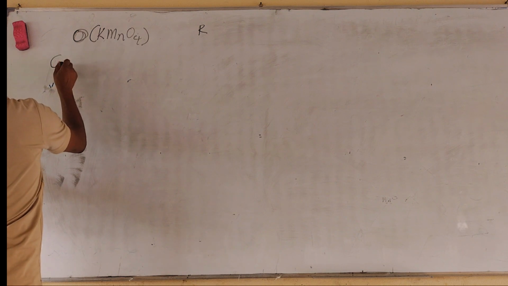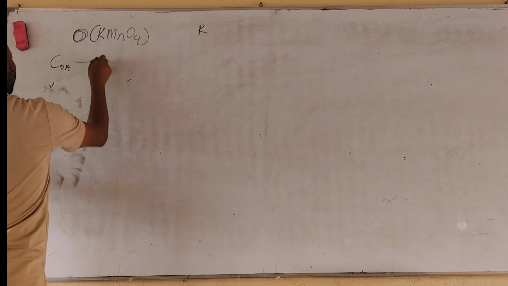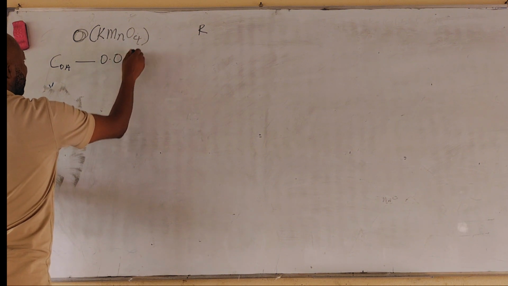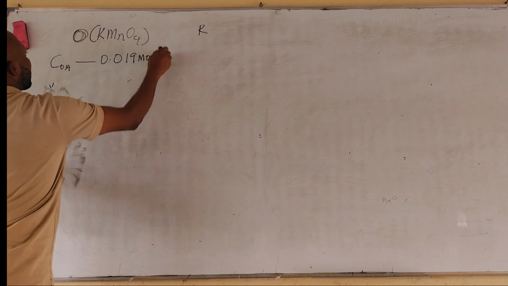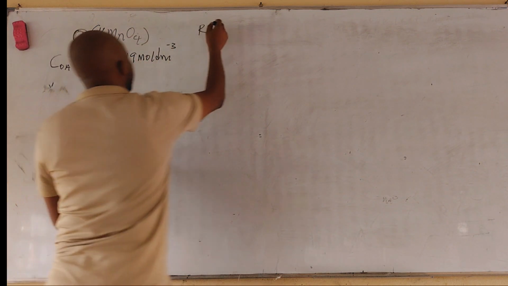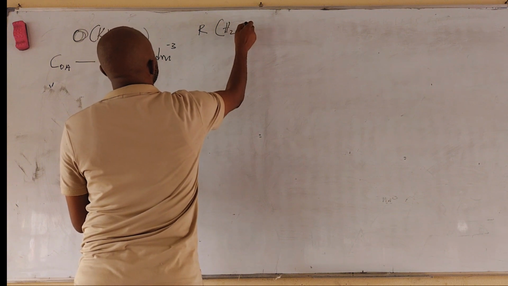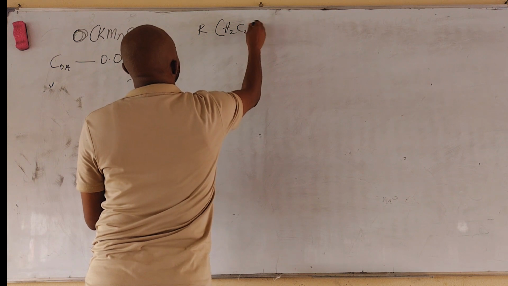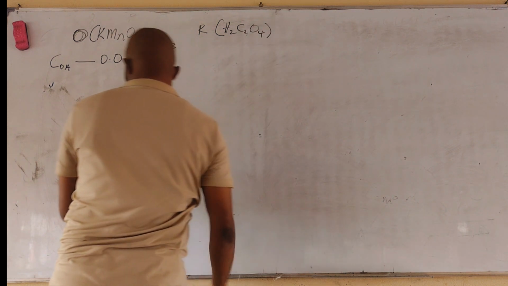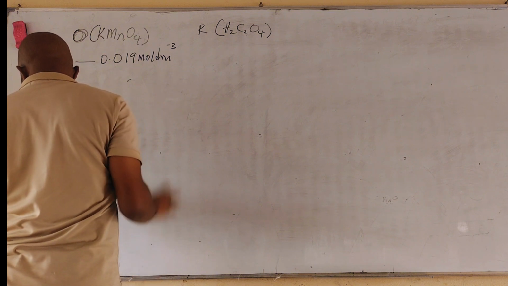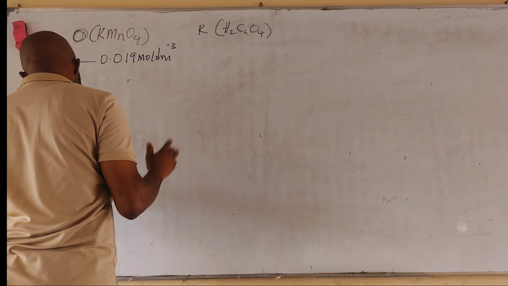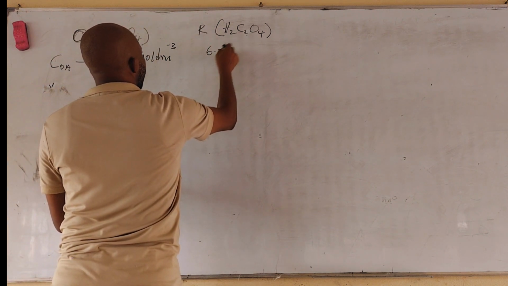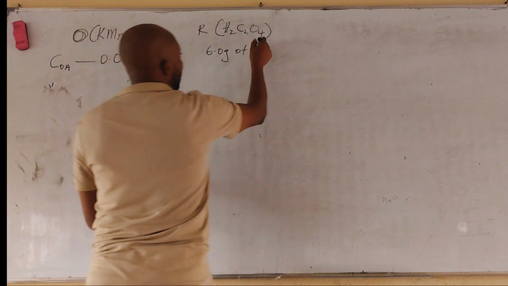The concentration of the oxidizing agent is given to be 0.019 mole per dm³. Our reducing agent here is ethanedioic acid, C2O4. It's ethanedioic acid. So we say 0.019 KMnO4 reacts with 6.0 gram of impure acid.